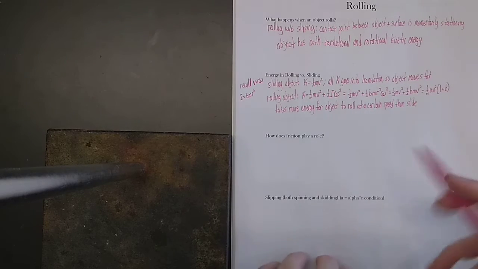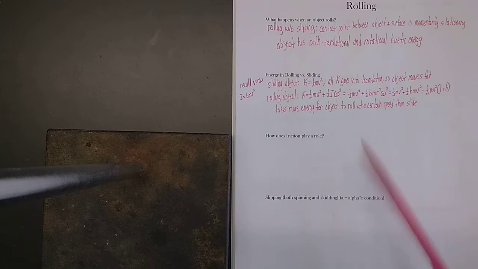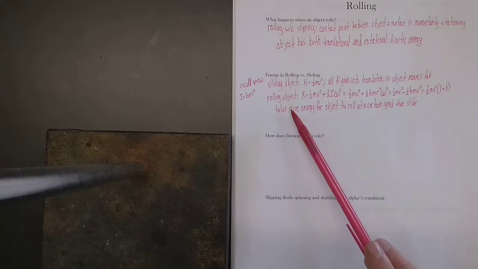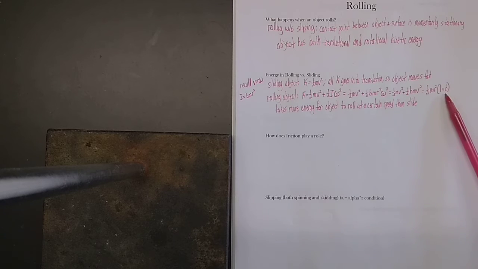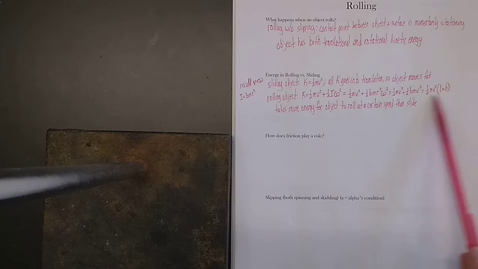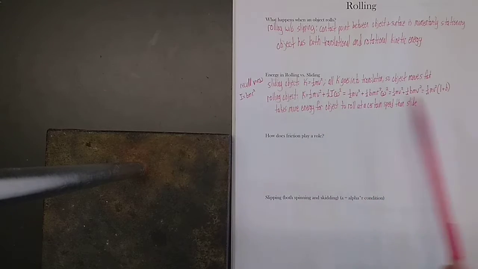Now, why is that the case? For a sliding object, it's all translational. It's 1/2 mv squared. For a rolling object, we've reduced it down to 1/2 mv squared times (1 plus b). b is a coefficient that depends on the shape, but it's always positive. No matter what, b could be 0.00001, it's still going to be positive.